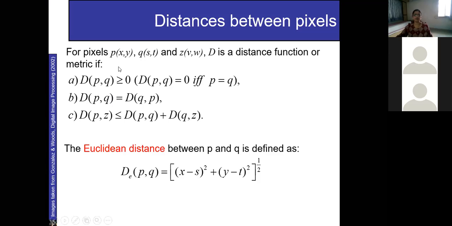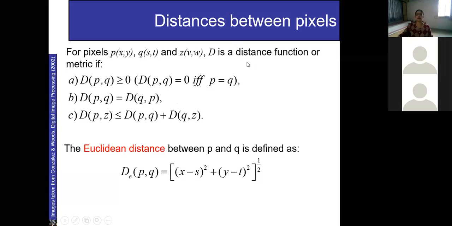The third property: if you consider one more pixel Z with coordinate values v and w, then the distance between P and Z is always less than or equal to the distance between P and Q plus the distance between Q and Z. These three basic properties of distance functions are the same as the distance properties in geometry.